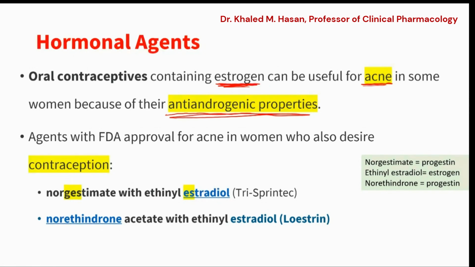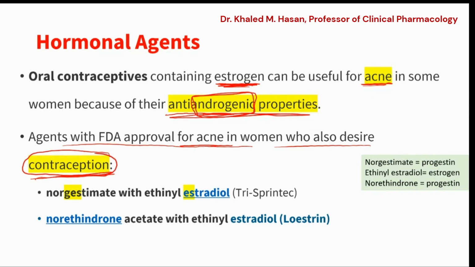If you remember, increased androgen levels are a possible cause of acne, and estrogen has anti-androgenic activity. There are FDA approved treatments for acne in women who also desire contraception. If a woman suffers from acne and at the same time is willing to use a contraceptive, that's great. We have 2 purposes here: to prevent pregnancy and to treat acne.